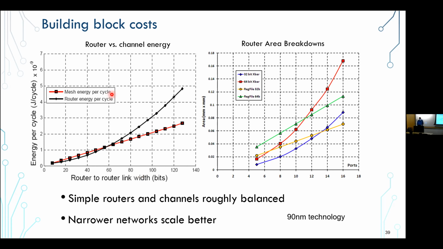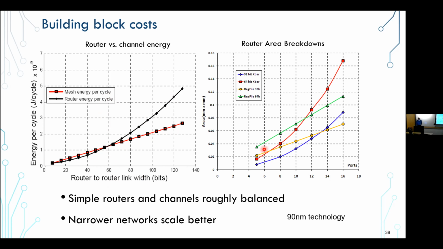By the mesh, we're talking here about channel energy, right? So you basically see that mesh energy scales linearly. Okay, we're basically increasing the number of channels, but the router energy goes quadratically, right, with the number of channels. So you have to be careful how you're sizing up the two things.